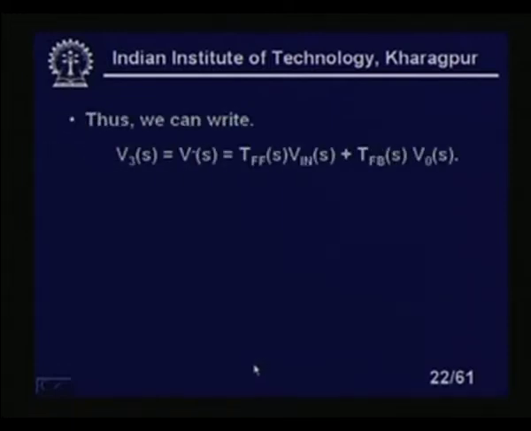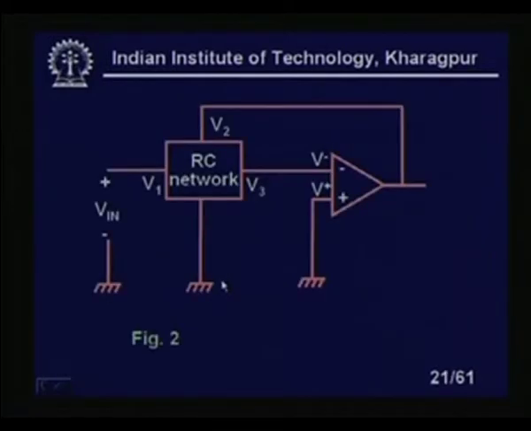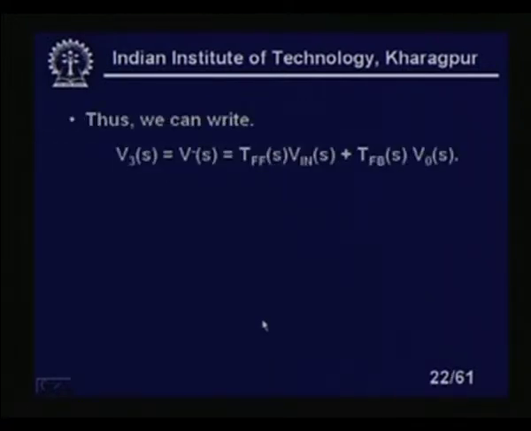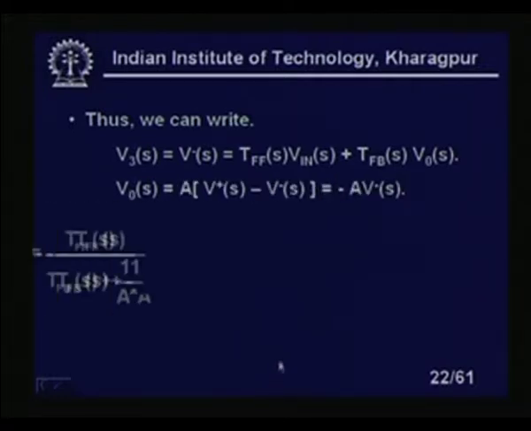Now, we can write here also as before V3(s) equal to V minus (s), which is 0 obviously, T_FF(s). No, it is not 0 because it is a negative feedback topology. Let us look at it, so it is not 0, V plus is 0, right. So, V3(s) equal to V minus (s) equal to T_FF(s) into V_in(s) plus T_FB(s) into V0(s).